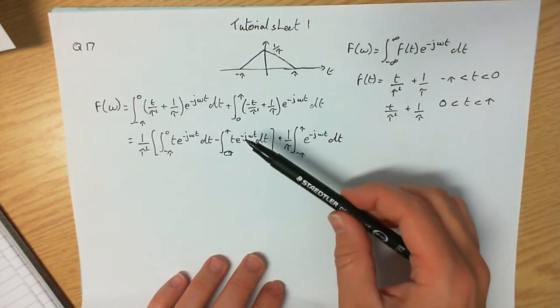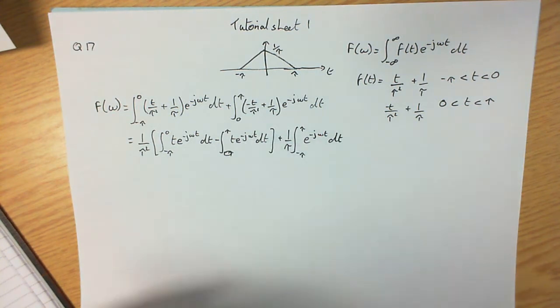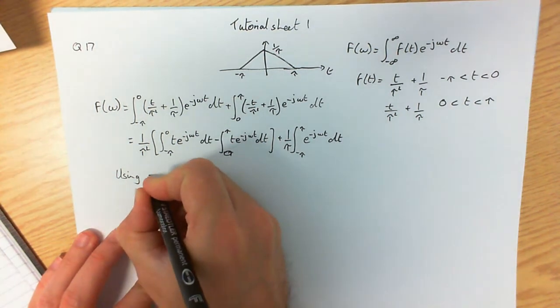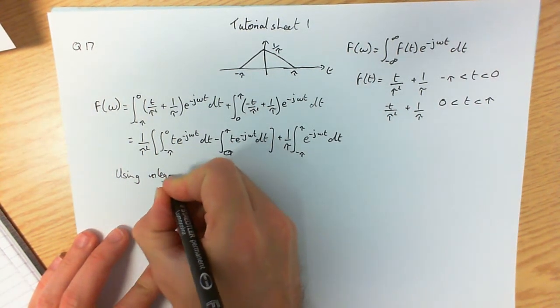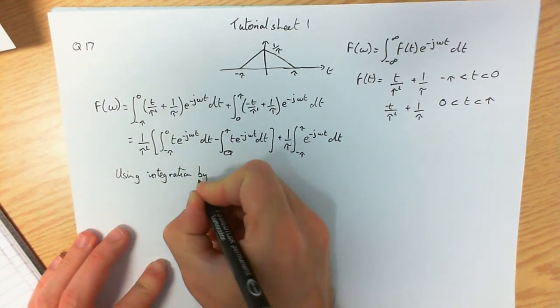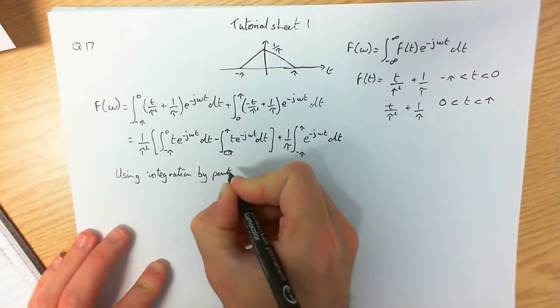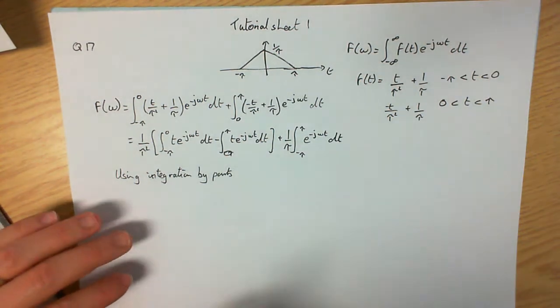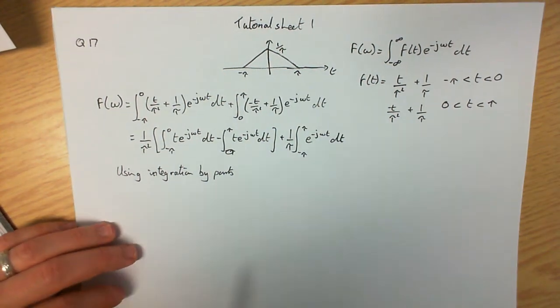This one again requires integration by parts. So if we use integration by parts, I'll leave you to do this one yourself. Refer back to question 16 on how you do this.